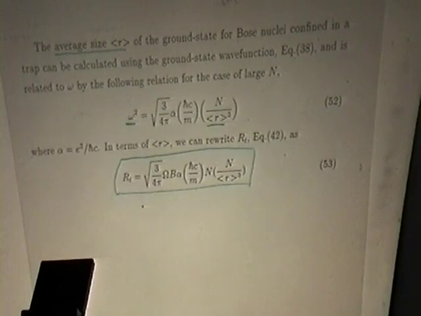If you now, instead of the parameter omega squared, relate that to the average size of the oscillator, by using our ground state expectation value, you can calculate that. So this parameter is essentially translated into the size of the confining potential. And if we put all that together, we get that. Now, remember, B is a constant coming from the nuclear interaction. Omega is the one we cannot calculate. That is the probability of the ground state.